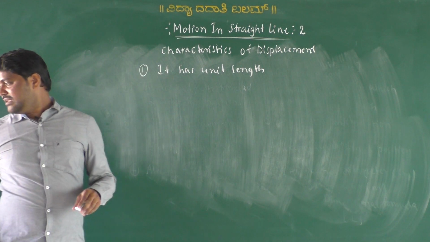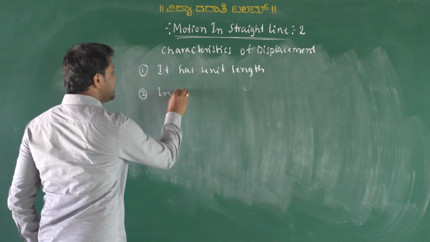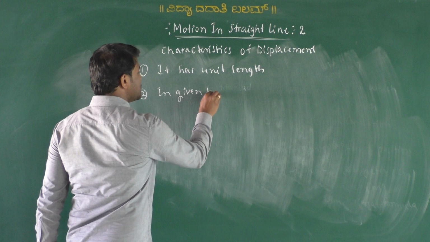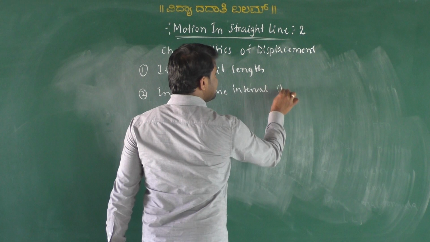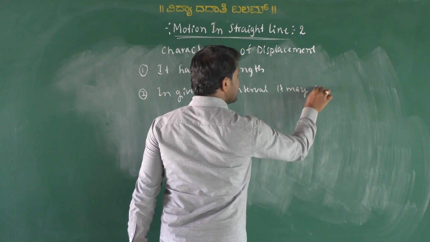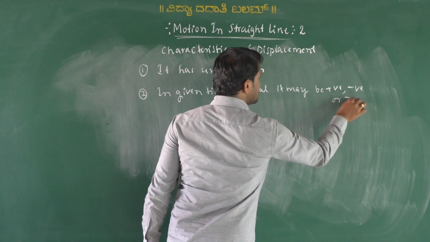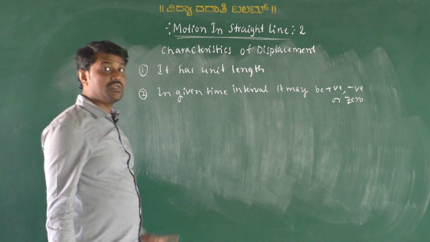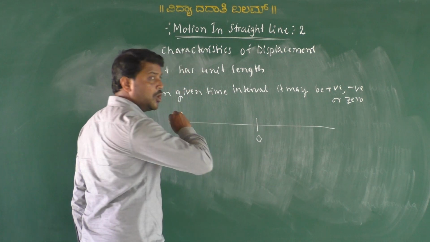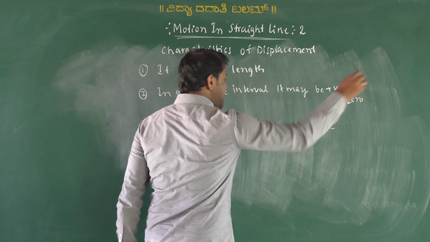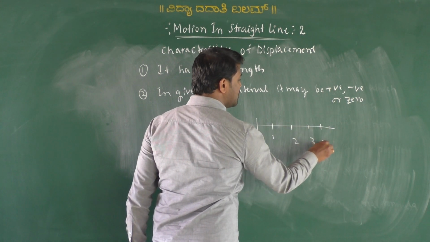And next one, in a given time interval, it may be positive or negative or zero ಅಂತನೂ ನಾವು ಏನು ಮಾಡ್ಬೋದು, ಕನ್ಸಿಡರ್ ಮಾಡ್ಕೋಬೋದು. ಸರ್ ಹೇಗೆ ಸರ್ ಅಂದರೆ, it is actual path, I am choosing this position as an origin ಅಂತ ತಗೊಂಡ್ರೆ, the right hand side values are going to be called as positive values. So 1, 2, 3, 4, 5 ಅನ್ಬೋದು.